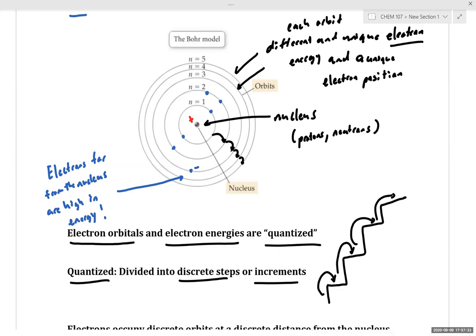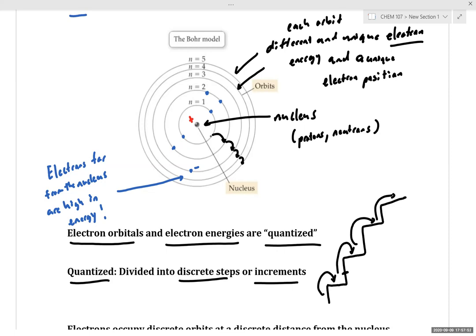Another analogy to help you visualize this: when you're walking up a set of stairs, you can't put your foot down in between the first and second step. It doesn't work, right? You can only be on a defined step, a defined orbit. Does that make sense to everyone? Can I get some feedback in the chat?